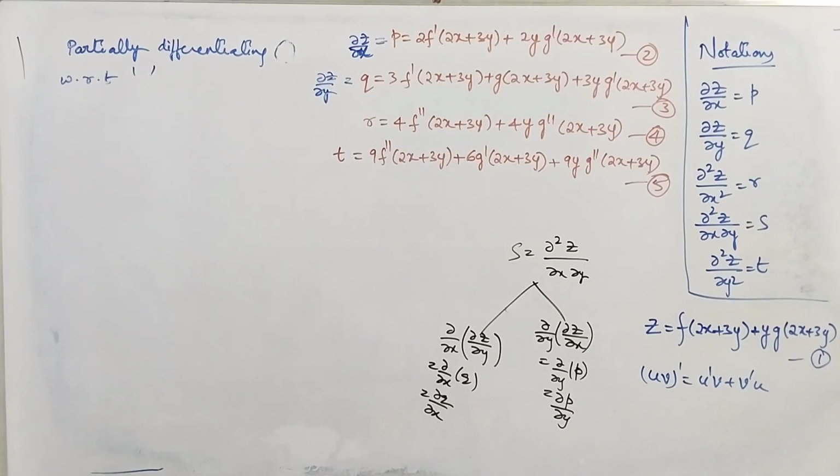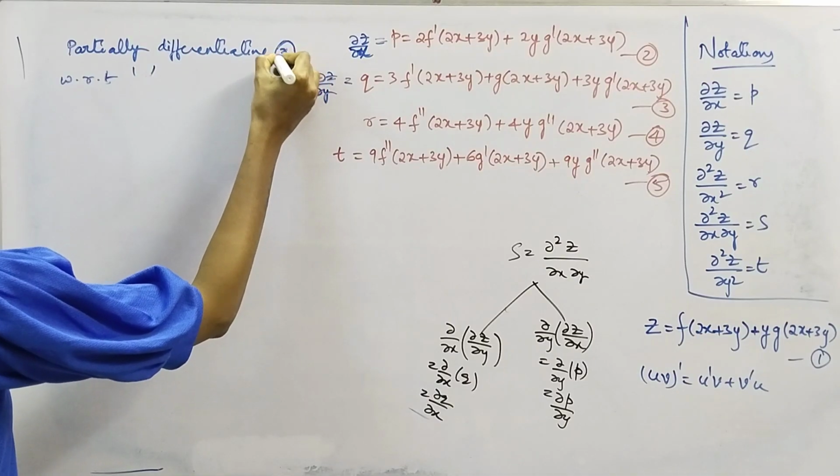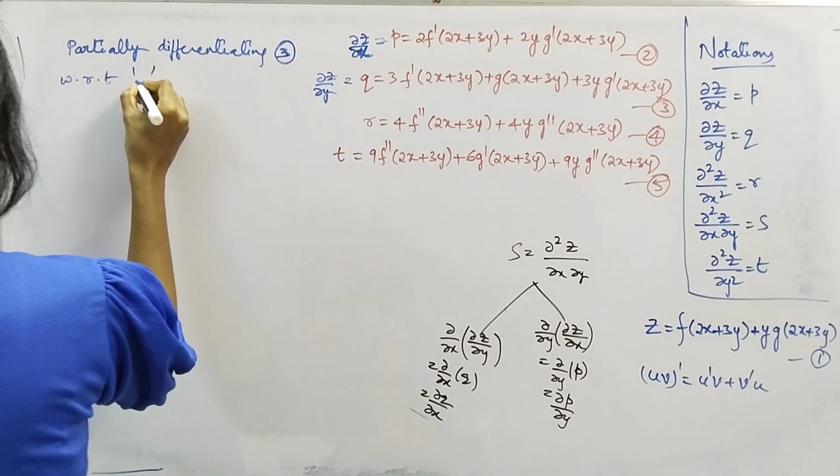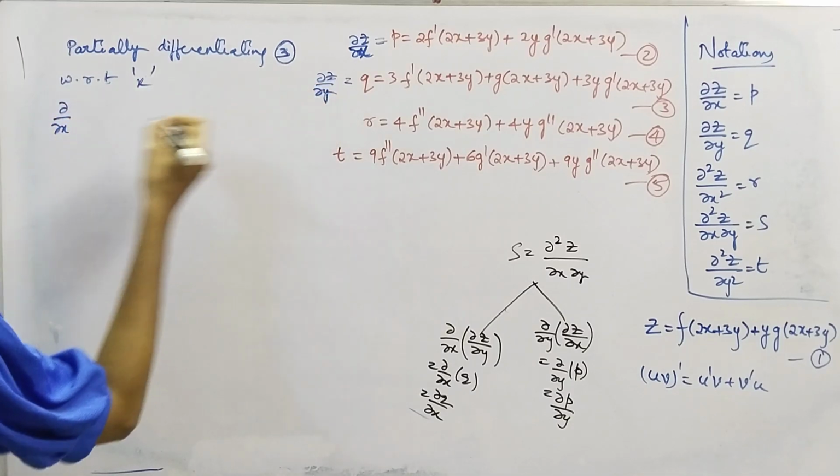So let's go for the first one. Let's partially differentiate equation 3 with respect to x. Okay, just apply dou by dou x on both sides of equation 3.